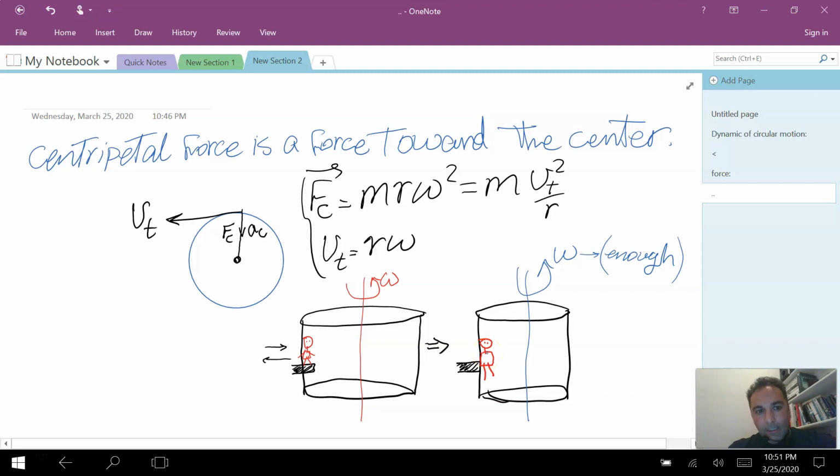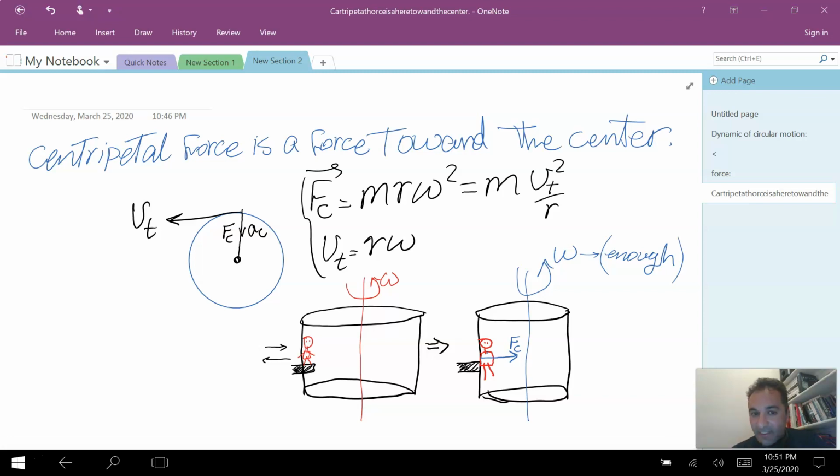Look, because you have rotation, and rotation creates centripetal force, and that centripetal force is toward the center. So the person must go toward the center. But this doesn't happen. The person actually pushes the wall.